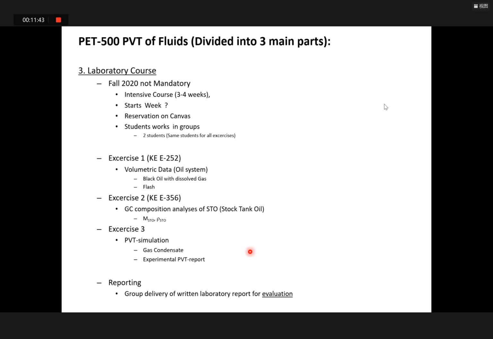It's probably given when you have signed in, you should know where you find it. And as I said, 2 students for the laboratory exercises should group together and do all the exercises together, and deliver a written group report.